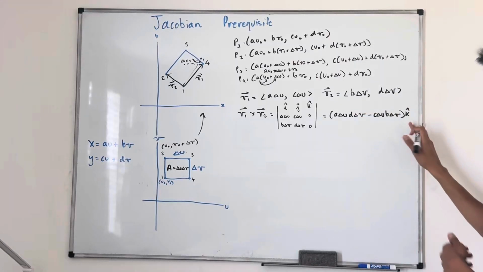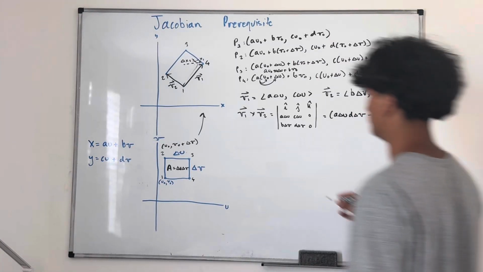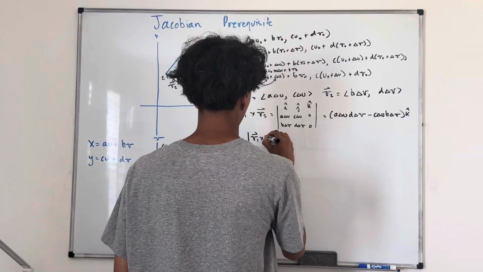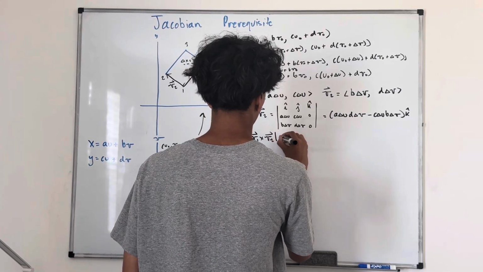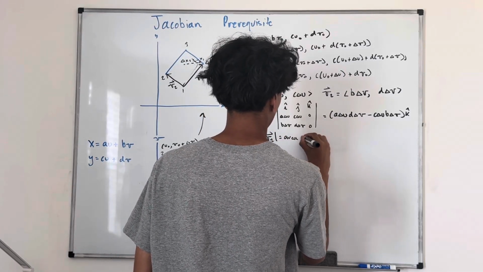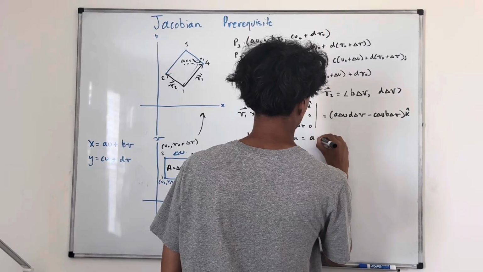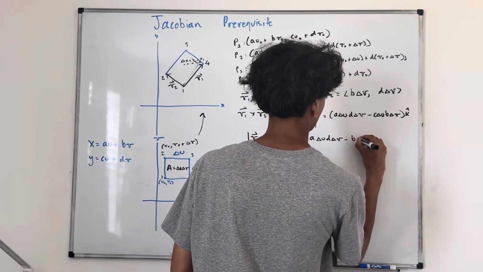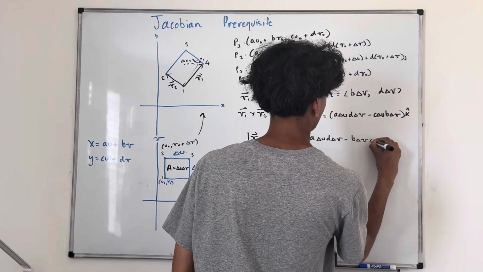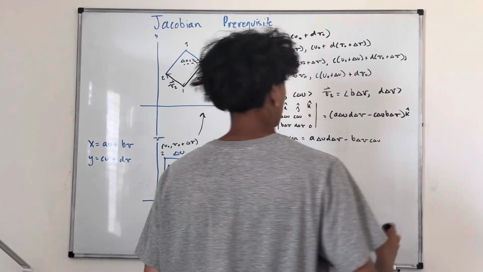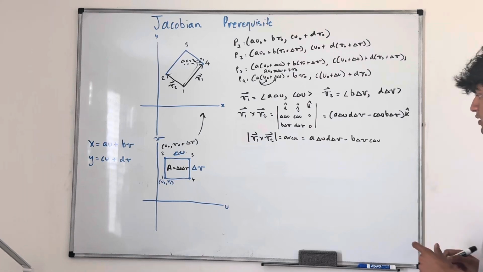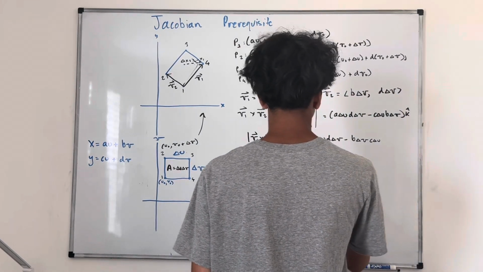And this is the only direction. So this actually ends up being the magnitude. So the magnitude, which is the area, is going to equal A delta U D delta V minus B delta V C delta U. And what do you notice? Well, I have a delta U delta V term in each term, right?